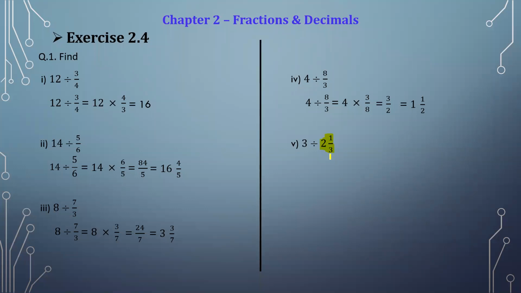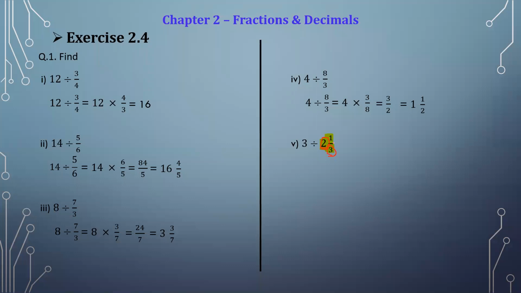So here the mixed fraction is 2 1 by 3, and in order to convert it into an improper fraction, you have to take the multiplication of denominator and quotient, and you have to add the remainder to that. So here the quotient is 2. Take the multiplication of the quotient, that means 2, and the denominator, that means 3. 2 3s are 6, and then add the remainder, which is 1.